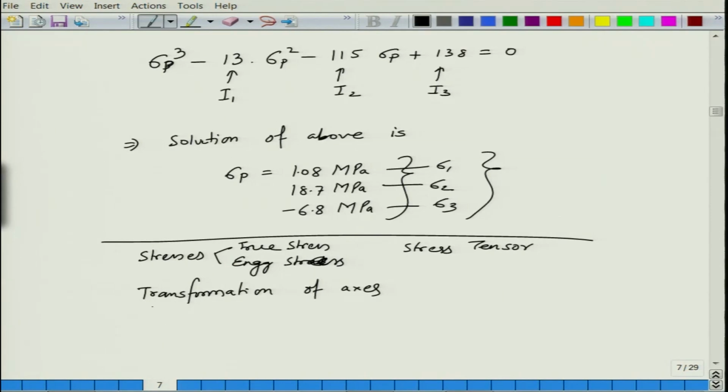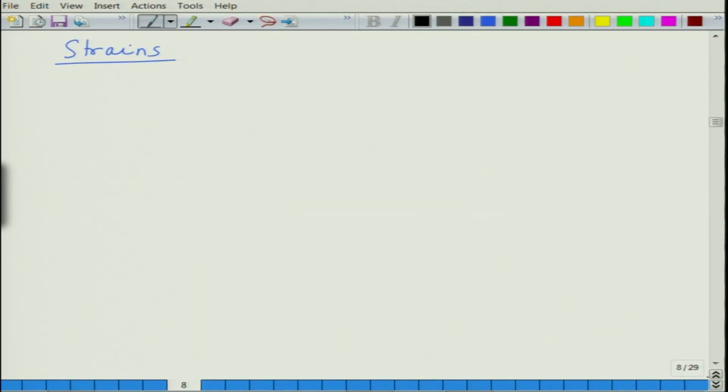We also looked at shear stresses, and we looked at transformation of axis, and then we looked at how you work out the principal stresses. So, these are the few topics that we looked at under stress. Now, let us move on to the next topic, that is strain in the materials.